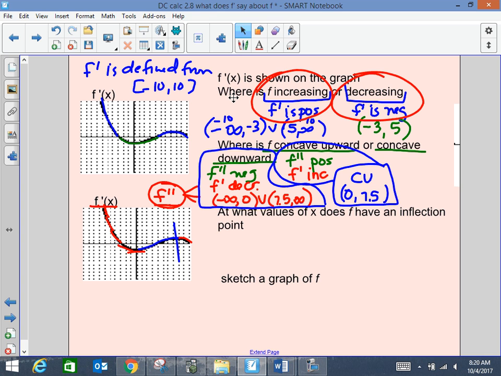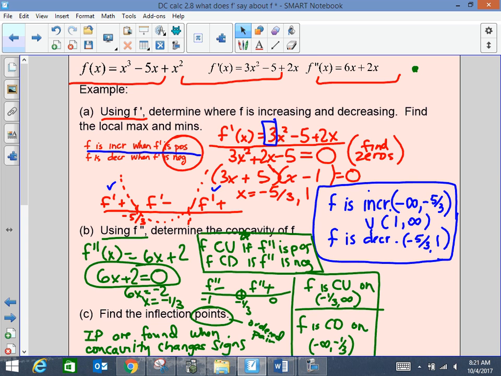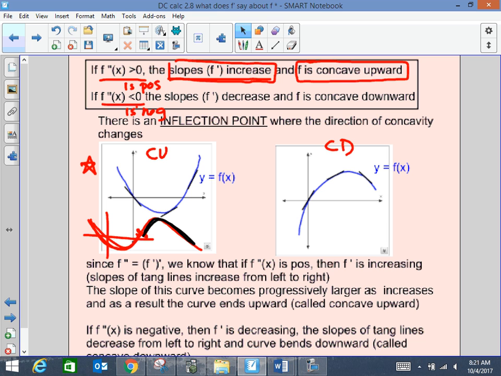If they give us the graph of f double prime, we don't need to do that? Correct. Usually they're not going to give you both. They're going to give you one or the other. Okay. Let's see. I just want to point out over here, when we're doing the f prime increasing, f double prime is greater than 0.